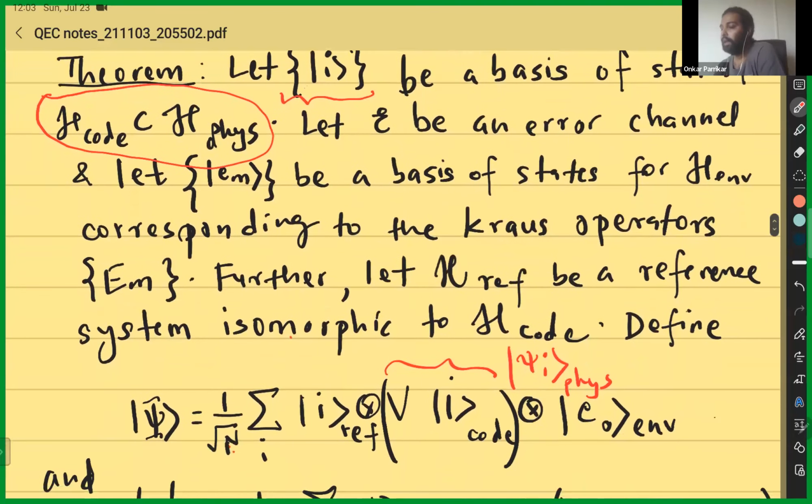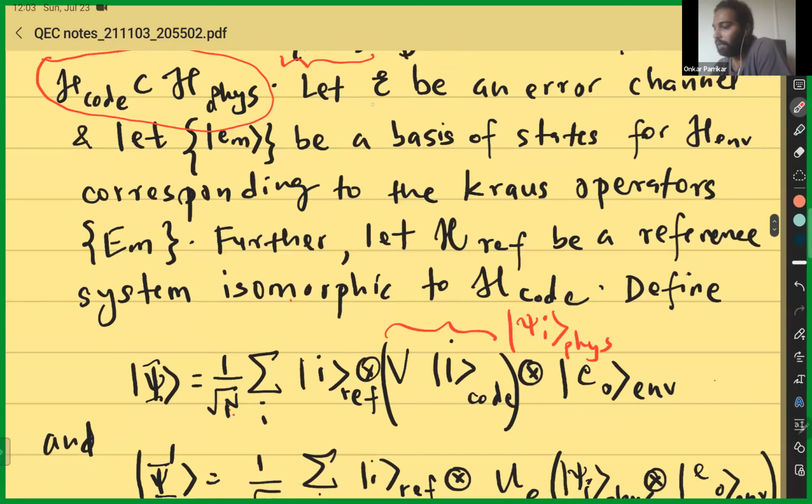Okay. Now, let's say E is my error channel. And I'm going to introduce a set of basis vectors, |e_m⟩, for the environment corresponding to this error channel. Remember that we can think of this error channel as coupling the physical system to some environment, doing a joint unitary operation, and then tracing out the environment. We can always do that. And I'm going to introduce some basis vectors for the environment Hilbert space.